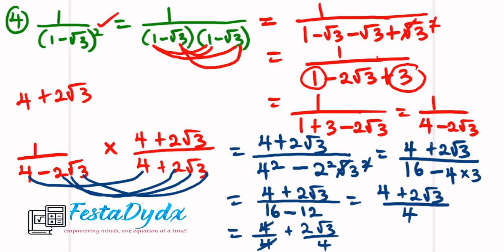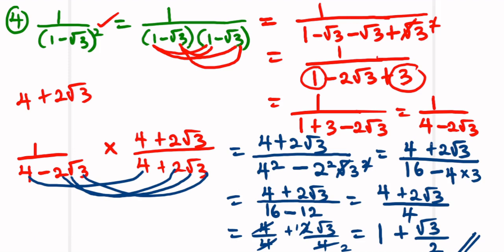So 4 cancel 4 is what? 1. So our answer is 1 plus, then here we have 2 here, 1. 2 in 4 is what? 2. So we have 1 times root 3, which is root 3 all over 2. So this is the answer: 1 plus root 3 over 2.